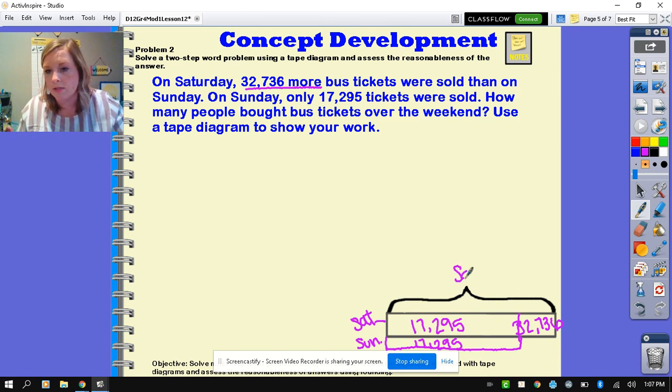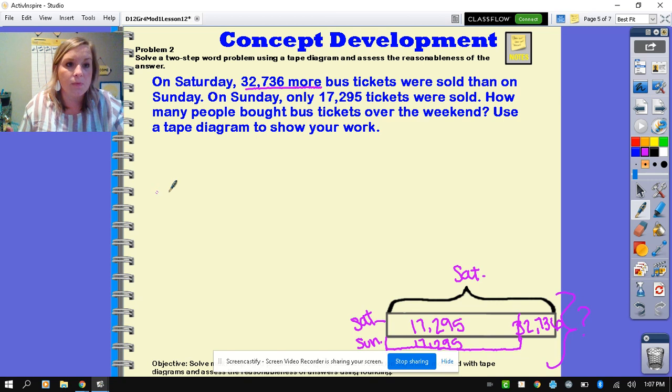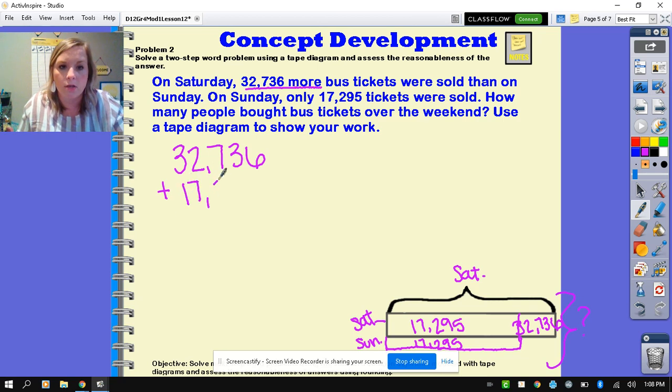So this is again going to solve our Saturday. And then overall, we need to find out how much was sold for the entire weekend. So we need to find how many bus tickets were sold on Saturday first. So I'm going to start with the greater number on top. 32,736 plus our 17,295.